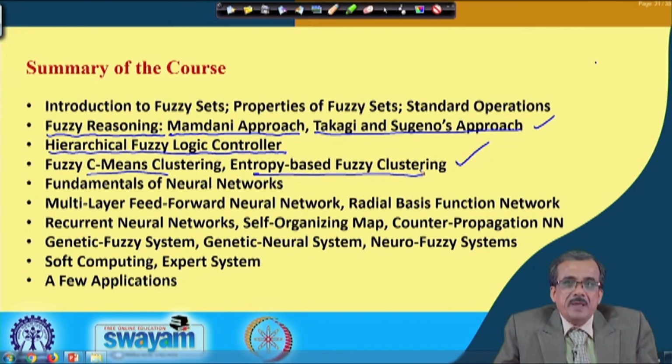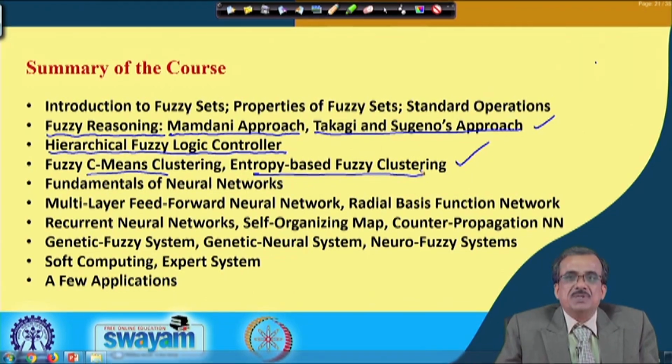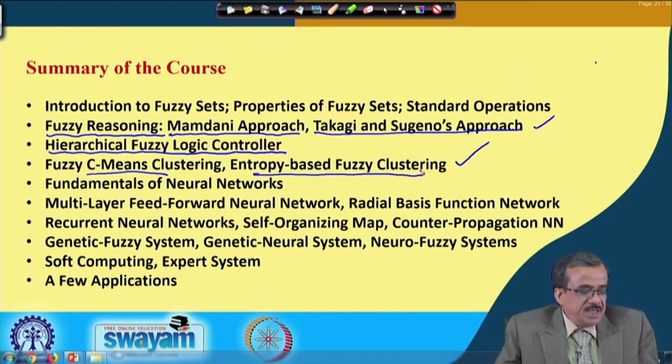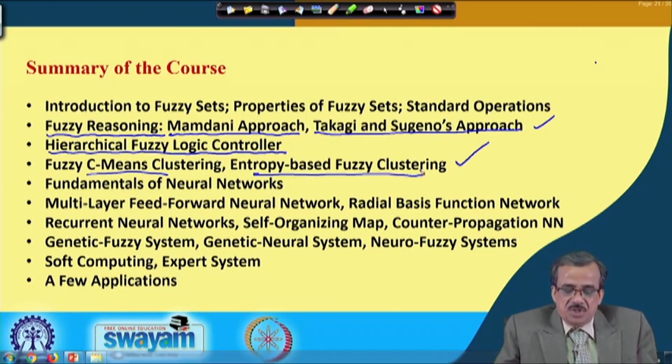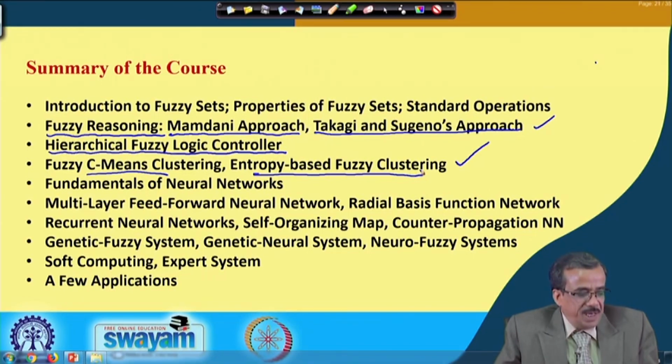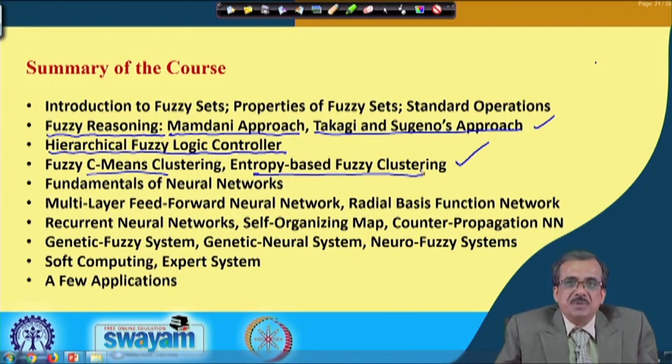Now, this network can be developed using the principle of unsupervised learning and supervised learning. By supervised learning, what we mean is learning with a teacher. So, we have a predetermined known input output relationship, and with the help of this known input output relationship, if we do the training, that is called supervised learning or learning with a teacher.